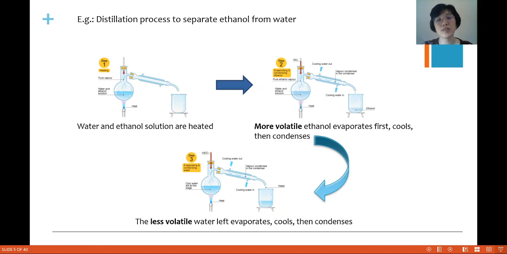When the temperature reaches 100 degrees C, the boiling point of the less volatile component, water, then the water will start evaporating and the vapor will then cool and condense through the condenser as well.